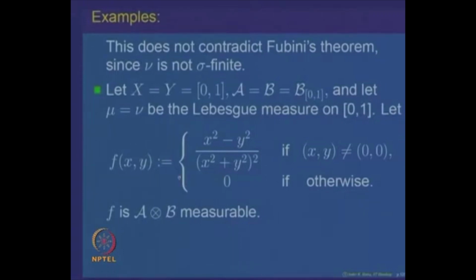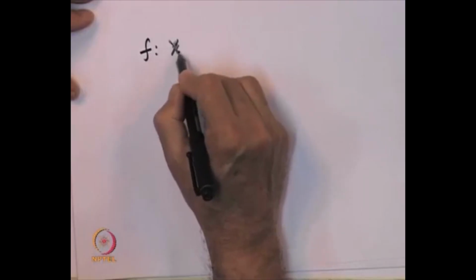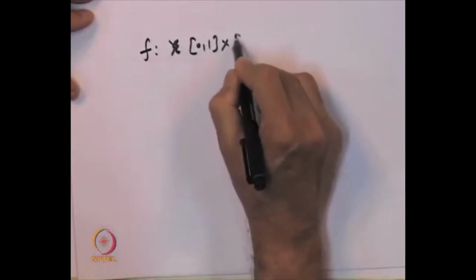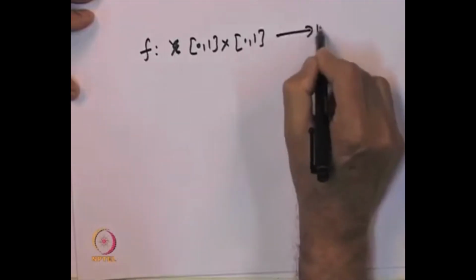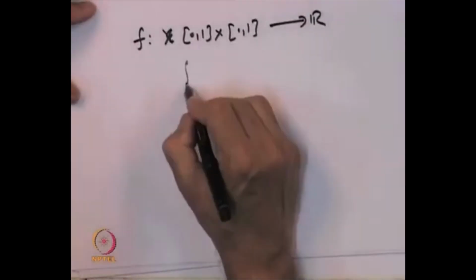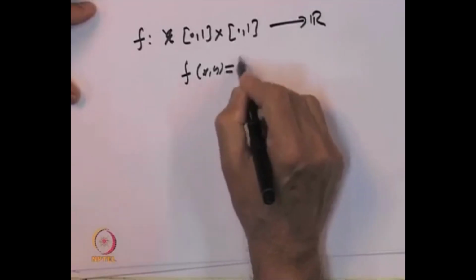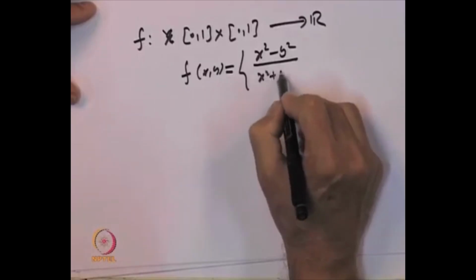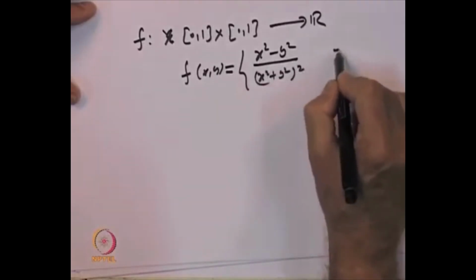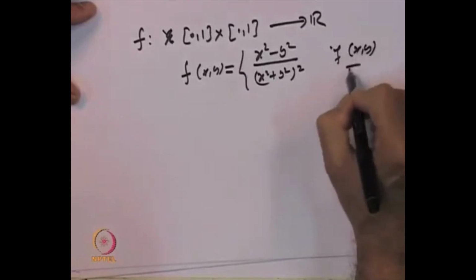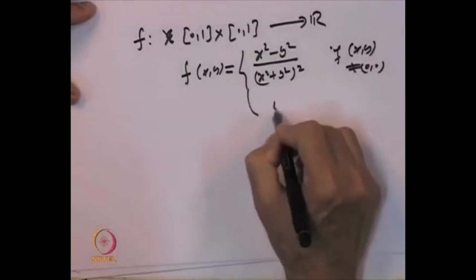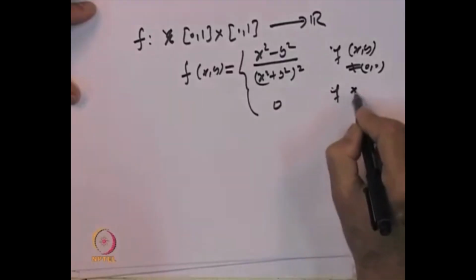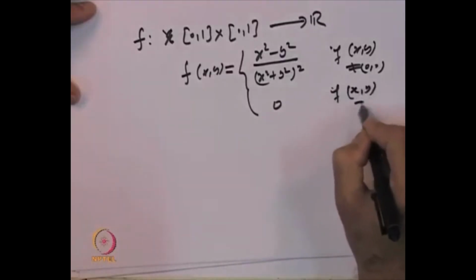Okay. So, let me just write down the steps so that you are able to verify yourself later on. So, let us look at the function f on X cross Y, so that is [0,1] cross [0,1] to R. So, this is a function which we are saying is f(x, y) equal to (x square minus y square) divided by (x square plus y square) whole square if (x, y) is not equal to (0, 0), and it is equal to 0 if (x, y) is equal to (0, 0).